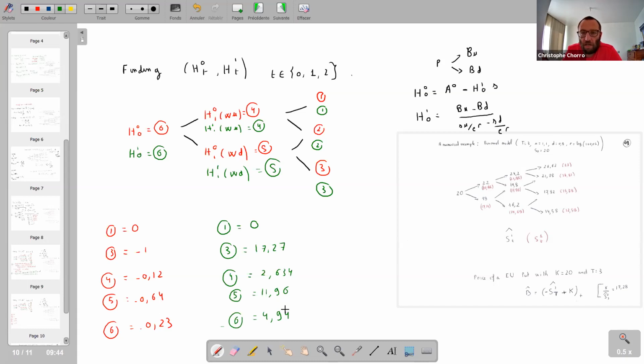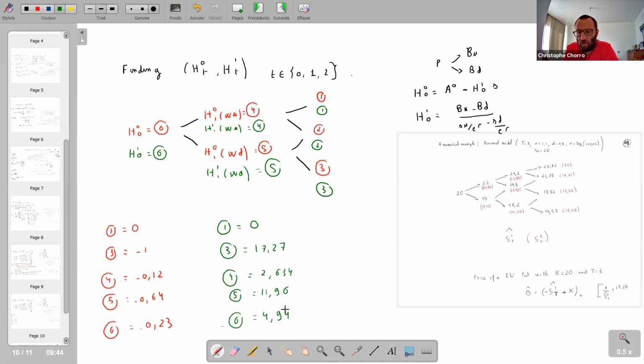As you have to keep in mind, the philosophy of the approach we have done is that, starting from the end, I use several times, for any sub-model of size 1, the result we have for the binomial model with 1 period, to go back from the end to the beginning.